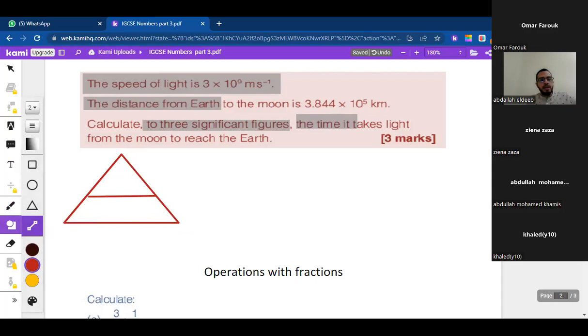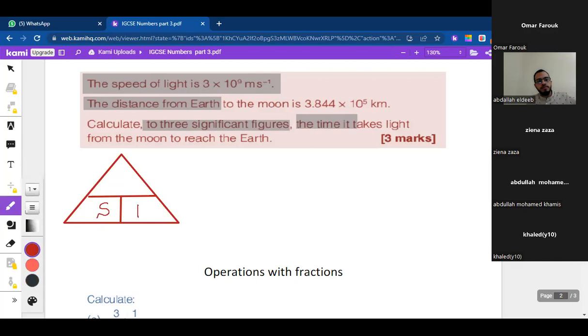We make a triangle like this, and we write here speed, here time, here distance. So he says calculate the time. So the time is distance over speed.